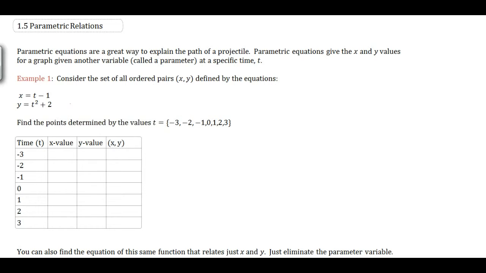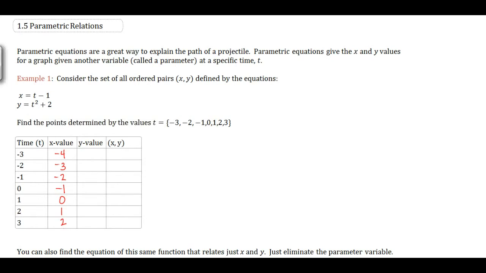I will plug -3 in for t and get -4. I will plug in -2 and get -3. I'll plug in -1 and get -2. I'll get -1. I'll get 0. I'll get 1, and I'll get 2. And those are all the x values. Now I'll plug in the y values. We're going to square t and add 2.